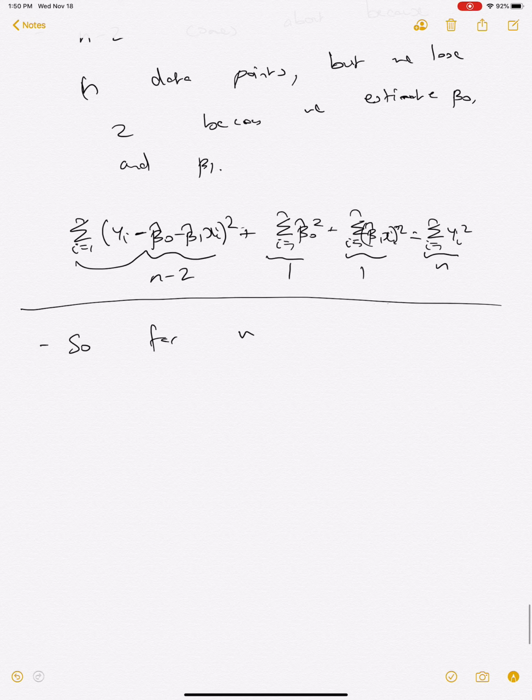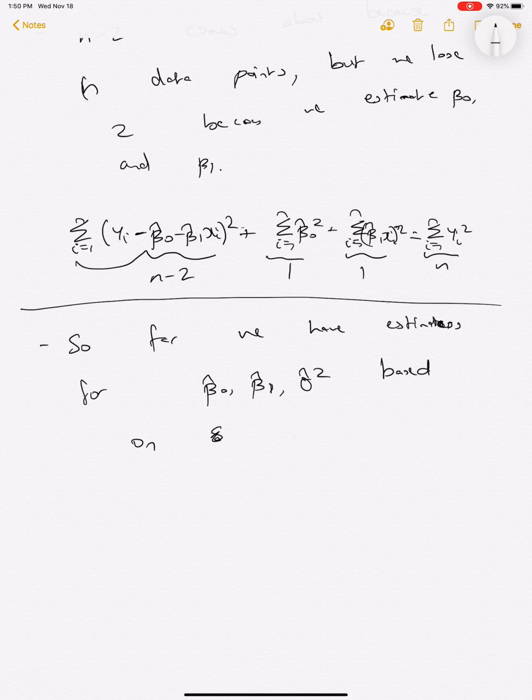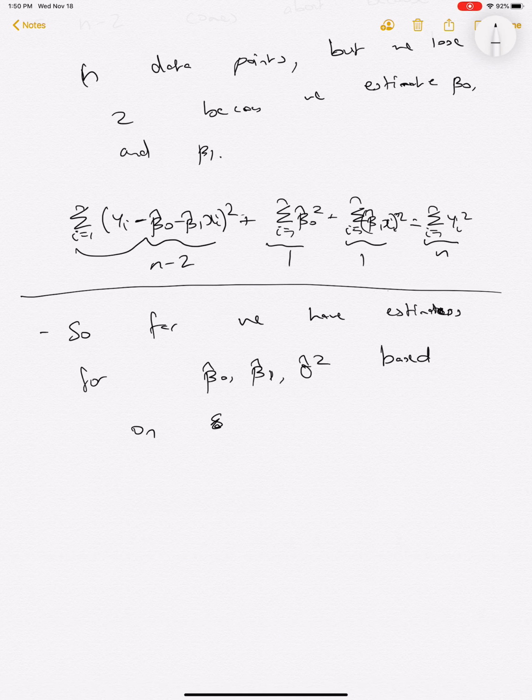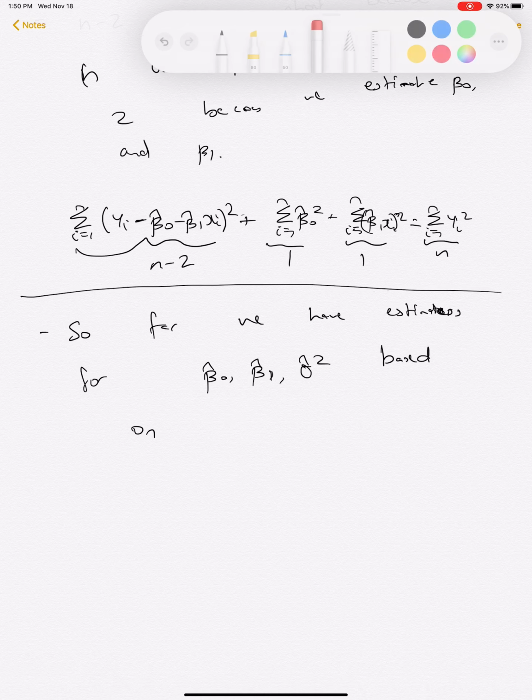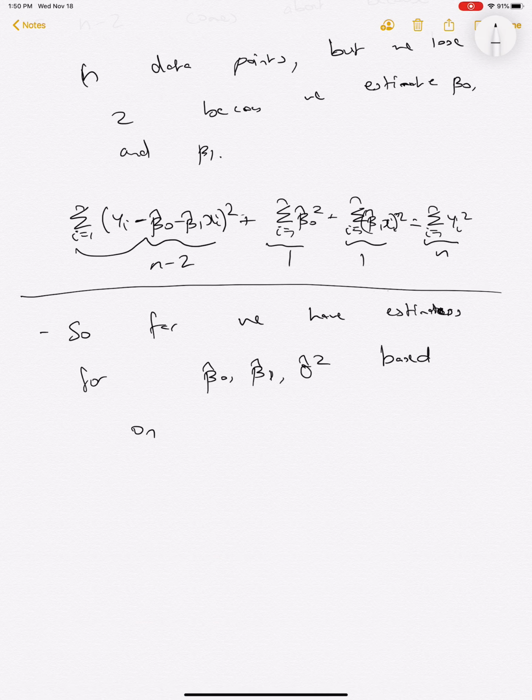So far, we have estimators for beta hat 0, beta hat 1, and sigma hat squared, and that's based on x bar, y bar, sx squared, sy squared, and rho hat.